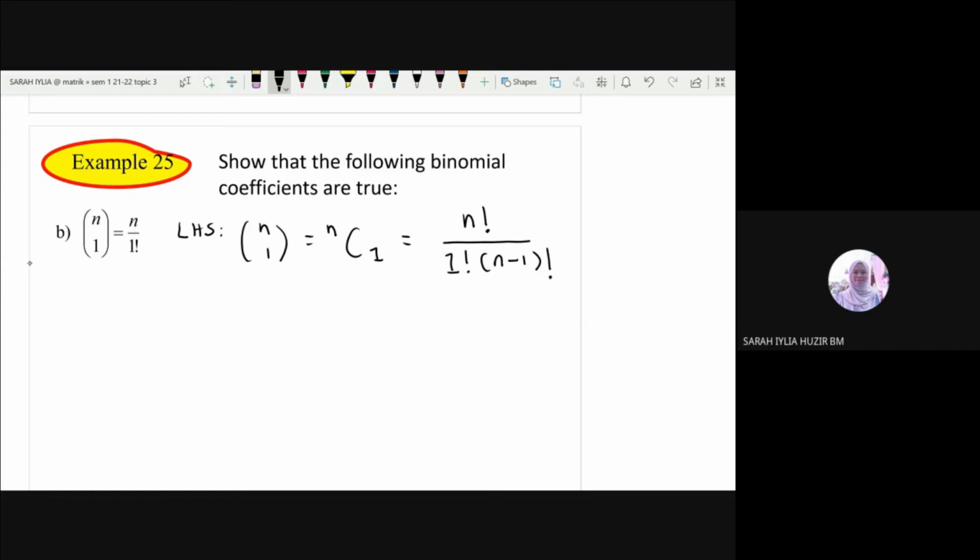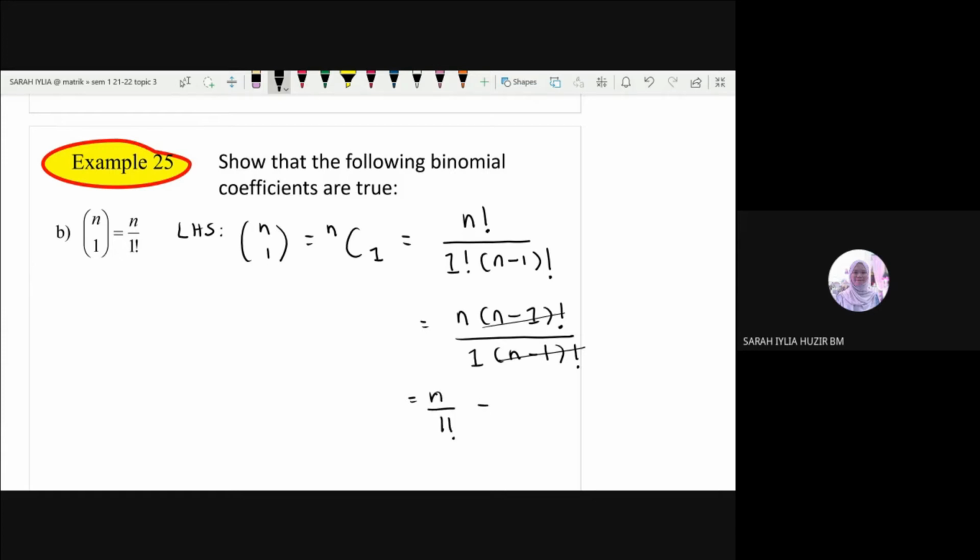So, ni kita kena open up cara factorial tadi. So, dia akan jadi N minus 1 factorial. Saya stop kat N minus 1 factorial because on denominator part we have the same expression. So this can be simplified. So finally kita dapatlah N over 1 factorial macam yang dia nak tu.